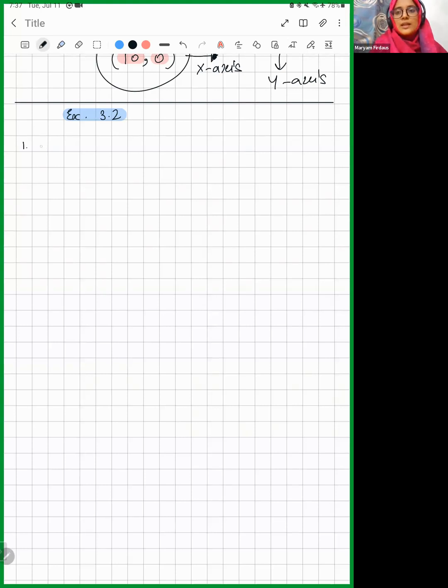So, what is the name of the horizontal and vertical lines drawn to determine the position of any point in the Cartesian plane? I'm going to type it in the chat box. It might be there in your textbook, exercise 3.2, first question. In case it's not, let me type it here.